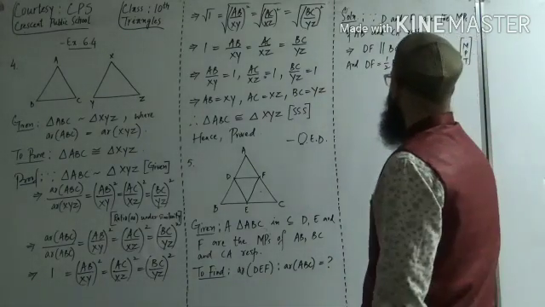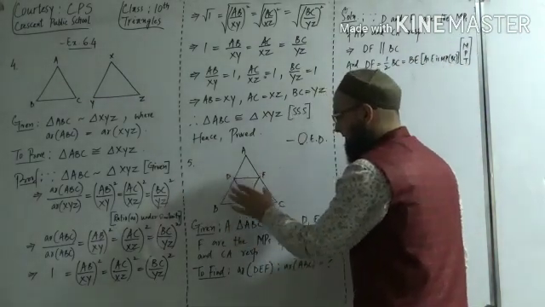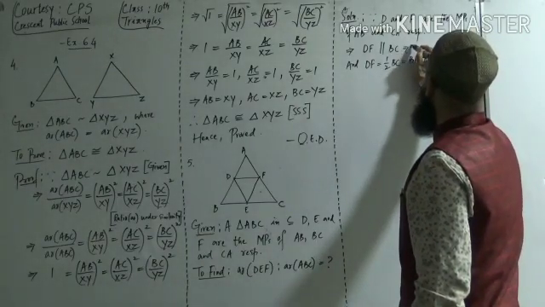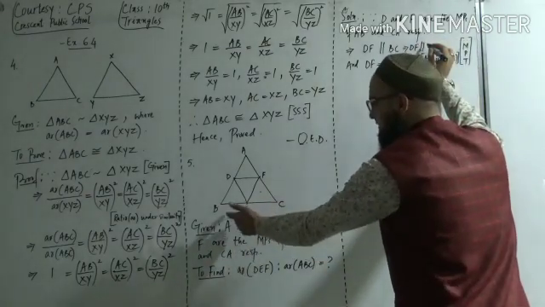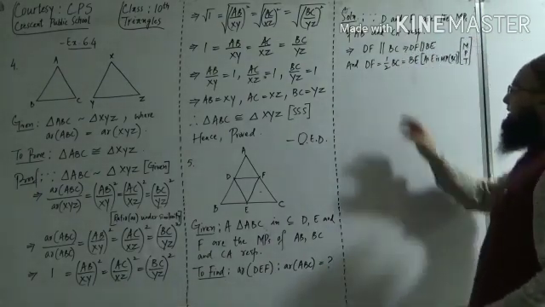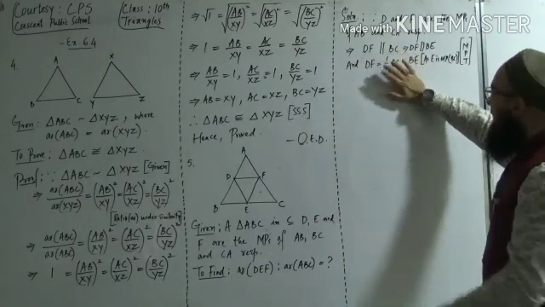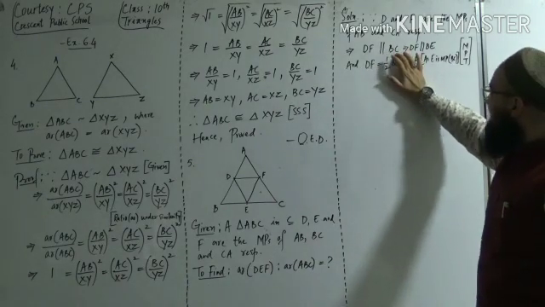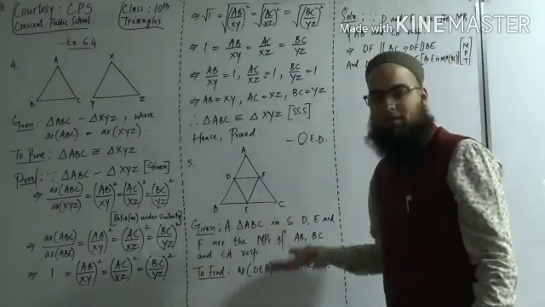So DF is parallel to BC and DF is equal to BE. Let me repeat this. From the midpoint theorem, DF is parallel to BC and DF is equal to half of BC. Now, when DF is parallel to BC, DF is parallel to BE because it's a part of the same line segment.